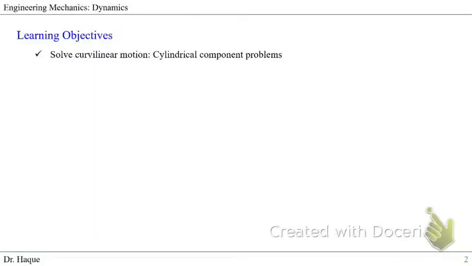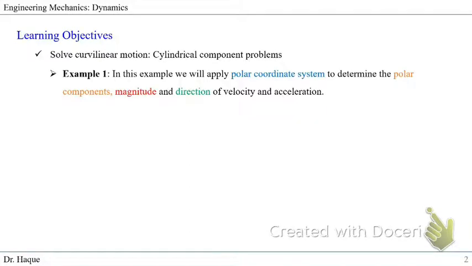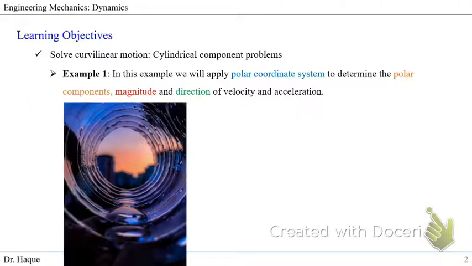Our learning objective is to solve a curvilinear motion cylindrical component problem. In example 1, we'll be applying the polar coordinate system to determine the polar components, magnitude, and direction of velocity and acceleration. Like we said, we're going to study a twirling problem, meaning something is rotating.